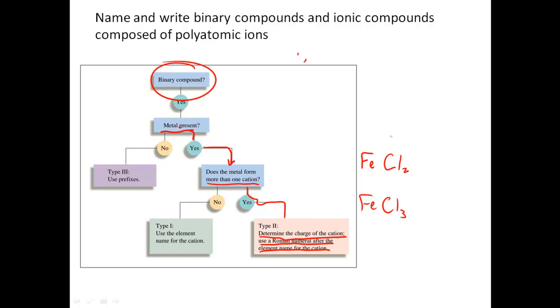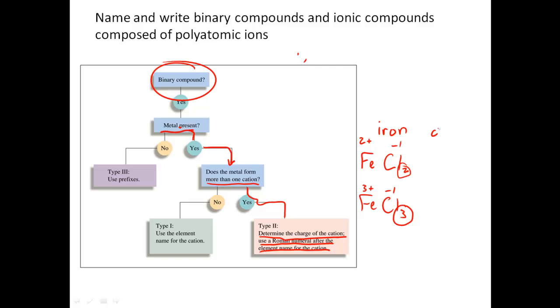Now, in order to balance these charges, of course we know that chloride has a charge of -1, and since there are 2 chlorides, the total charge of this cation must be +2. Here, since there are 3 chlorides, the total charge of the cation must be 3+.